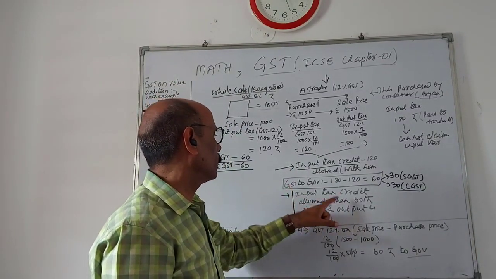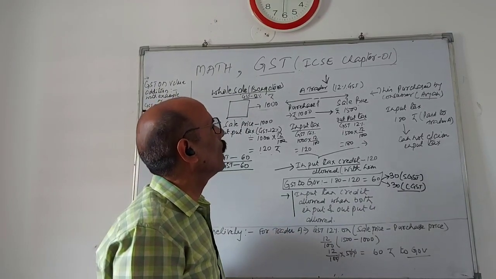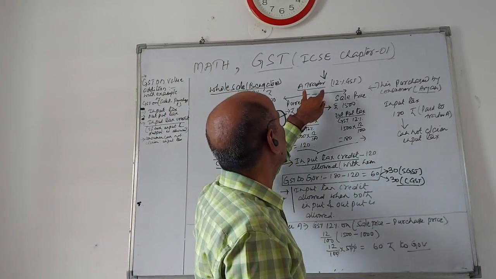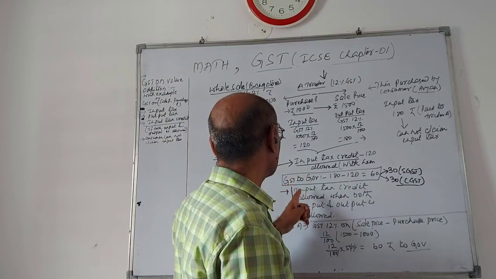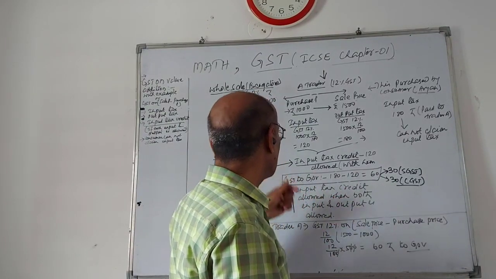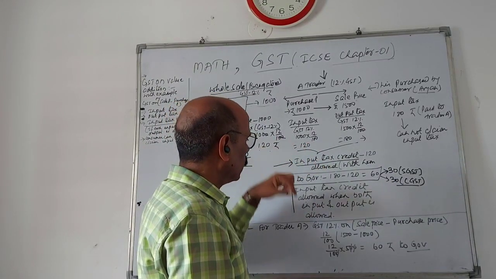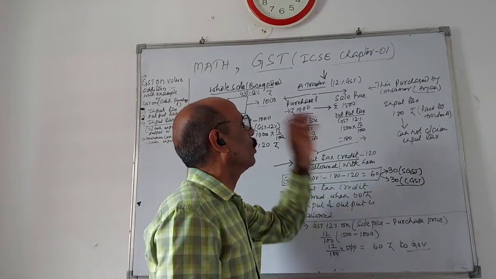In which case is input tax credit allowed? When both cases are there, purchasing and selling. Now, for trader A, we understood how the input tax credit works: his expense tax is credited in his account and the additional is paid to the government.